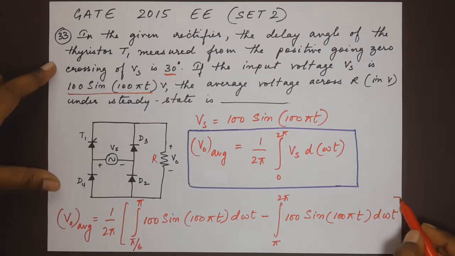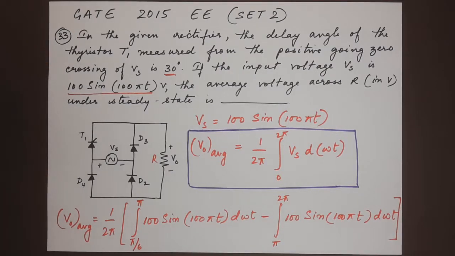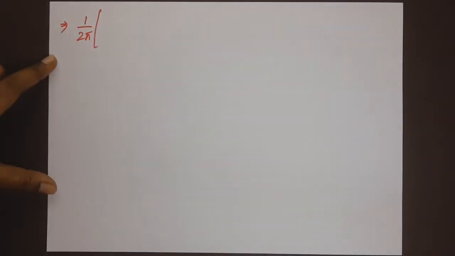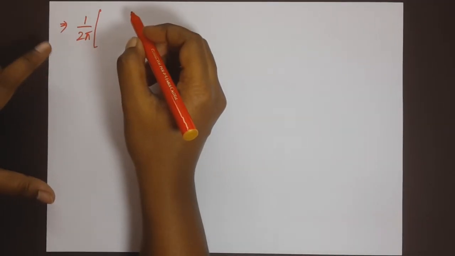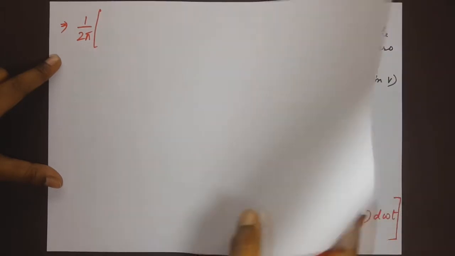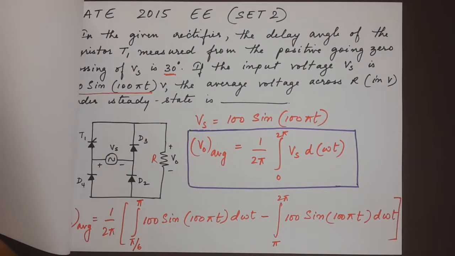Okay. This is quite a large expression, but we'll solve it. Now for the next part. This implies that 1 by 2 pi into, in order to make it a little easier to write down all the steps, let's take the part which is inside the brackets. You see there's sine 100 pi t.